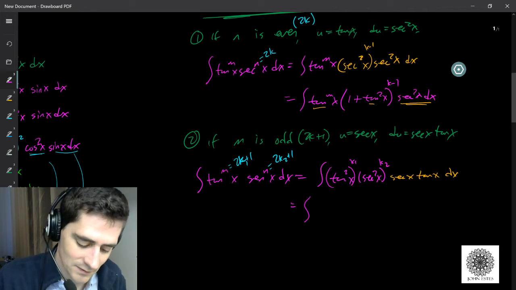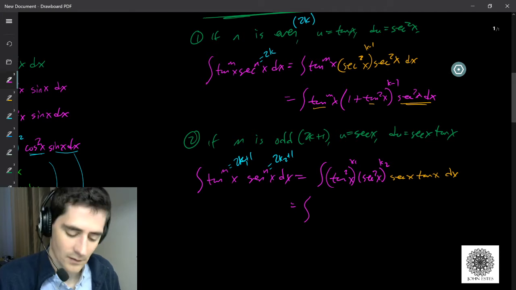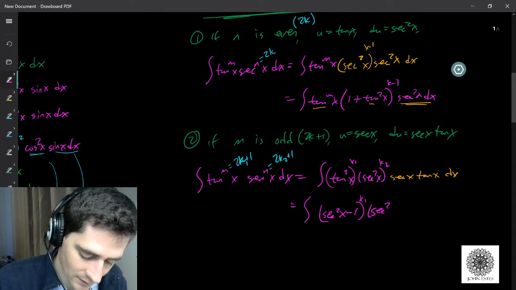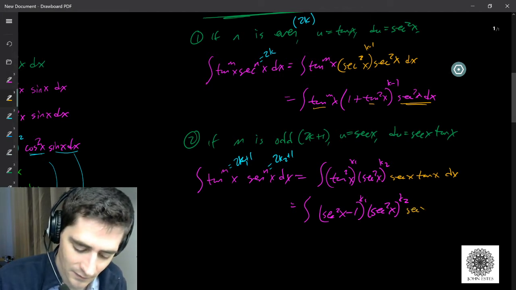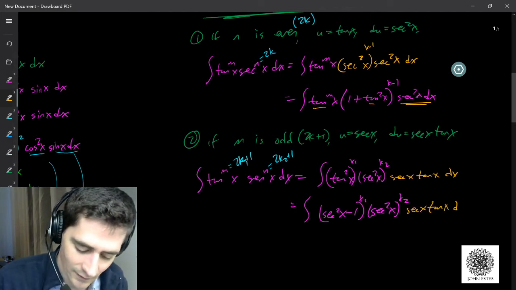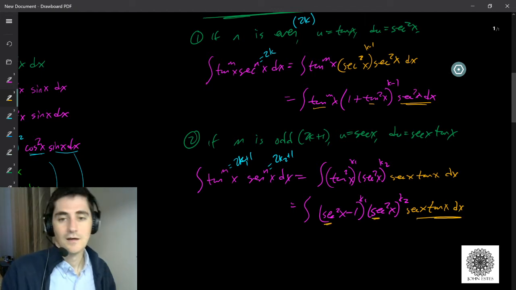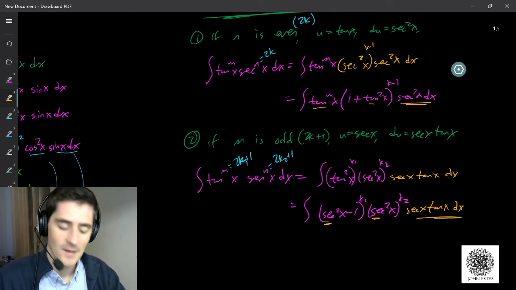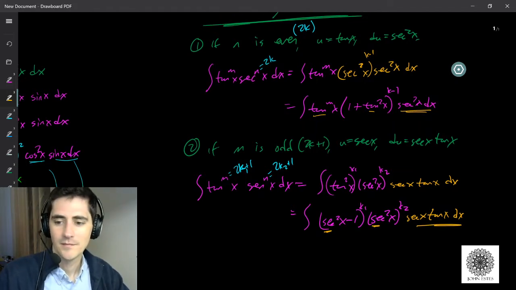So I need to replace tangent squared with the Pythagorean identity, secant squared x minus 1 to the k1, times secant squared x to the k2, times my du, secant x tangent x dx. And so there's my u and there's my du. I hope that makes sense. Sometimes looking at the general formulas is confusing, but hopefully with examples 5 and 6, it makes sense to us.